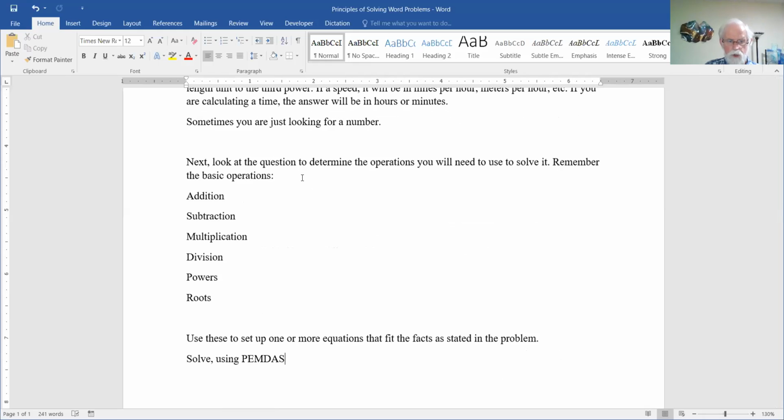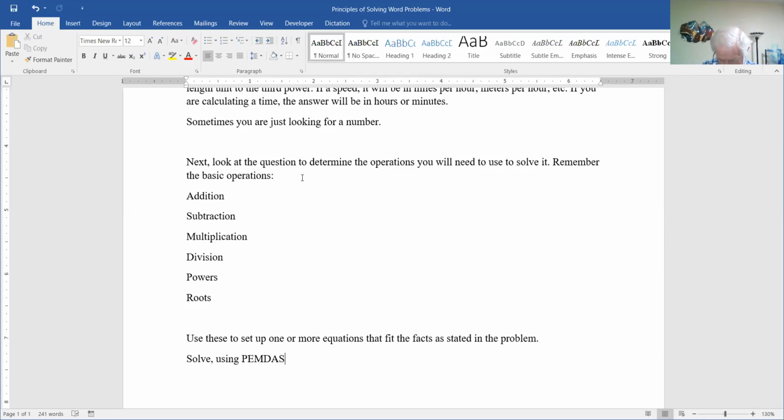The basic operations we know: addition, subtraction, multiplication, division, and then don't forget powers and roots. Roots are things like the square root, the 1/2 power. Use that to set up one or more equations.